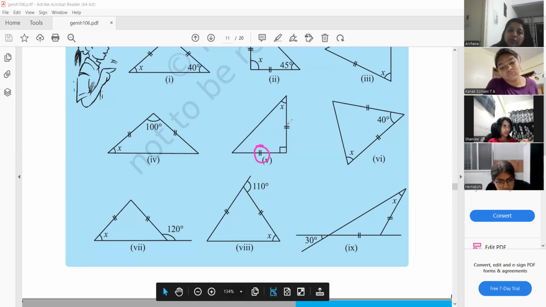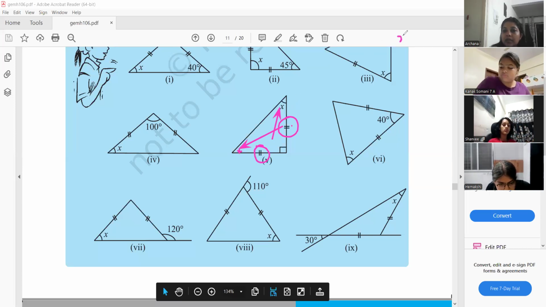See, if you see this, both the sides are equal. That means the angles opposite to these two lines will also be equal in measure. Correct? So according to the angle sum property rule, if one is x, the other will also be x.